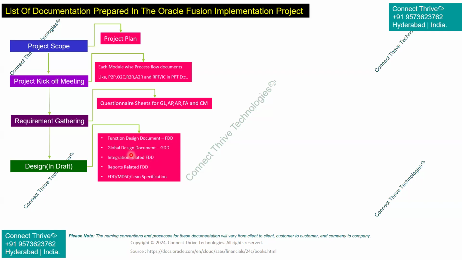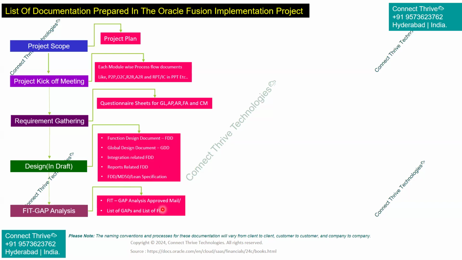Okay. So the next one is the fit-gap analysis stage. Here we have to prepare the list of gaps and the list of fits. That means based on the business requirement, what we can map to our standard Fusion Oracle ERP system are fits, and what we are unable to map with the standard system, where we cannot map any solution to our Fusion instance, we consider as gaps.